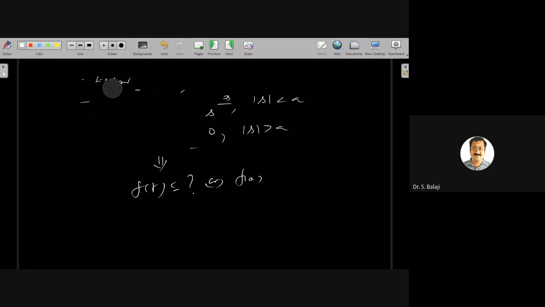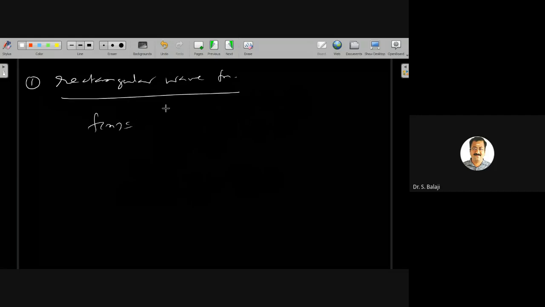Some standard functions in the Fourier transform we can remember. First one is the rectangular wave function, that is termed as f of x equal to 1 for mod x less than a and 0 for mod x greater than a.